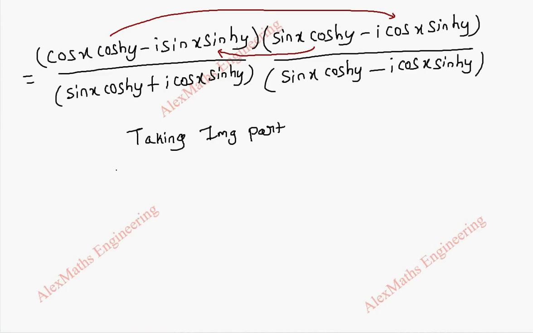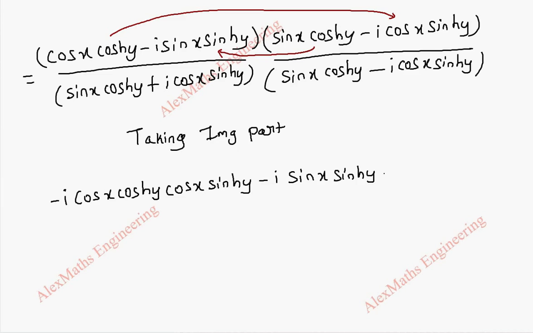So cos x cosh y into this, there is a minus i, cos x into sinh y. Again here we have minus i into sin x sinh y into sin x into cosh y, whole division, denominator is common for both real part and imaginary part.